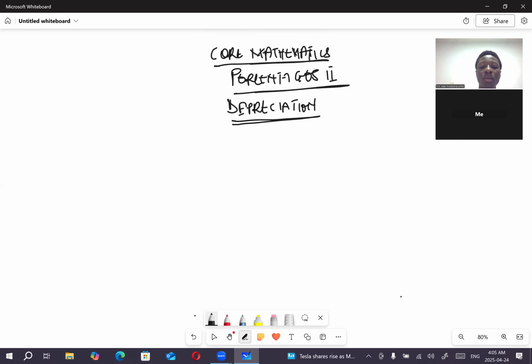Before I continue, remember that you can just use the analogy that the original cost of an item equals 100%. The new cost of an item will be equal to 100% minus the depreciation rate.